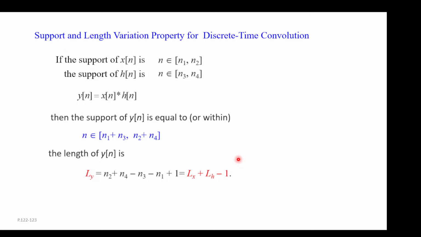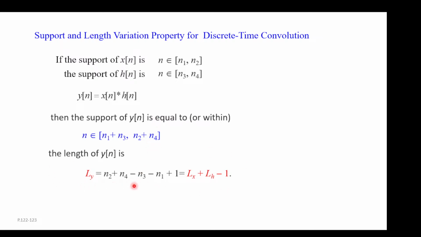So it's a really similar thing. You also have support for your impulse response h, from some n3 to n4, and the support of the output, when you do the convolution, will be between n1 plus n3 and n2 plus n4.